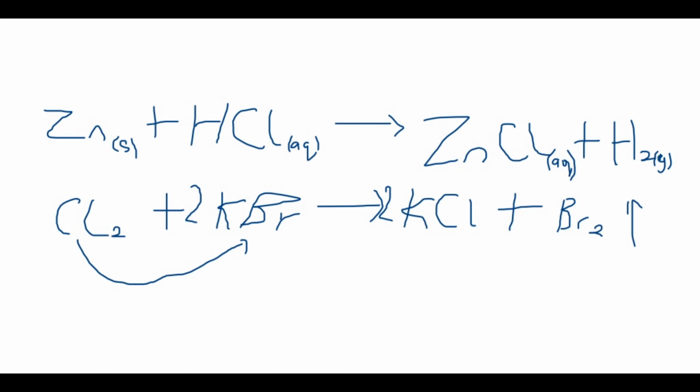Now let's go to the third type of chemical reaction. The third type of reaction is a decomposition reaction. From the name, it implies that this is when a substance decomposes into its constituent elements. By substance, I mean compounds.